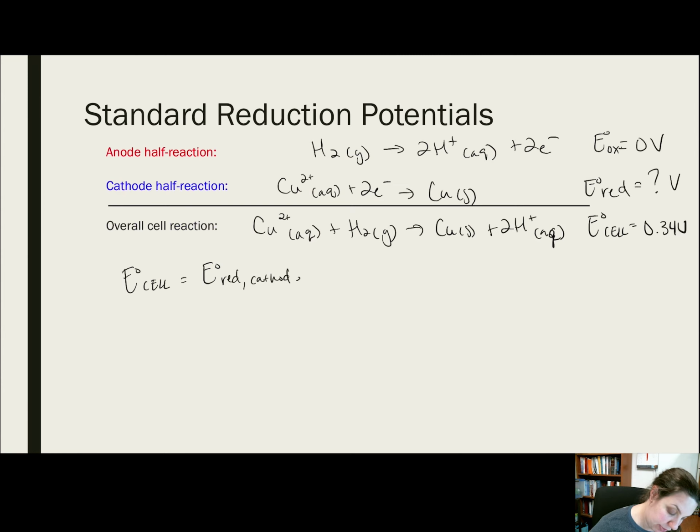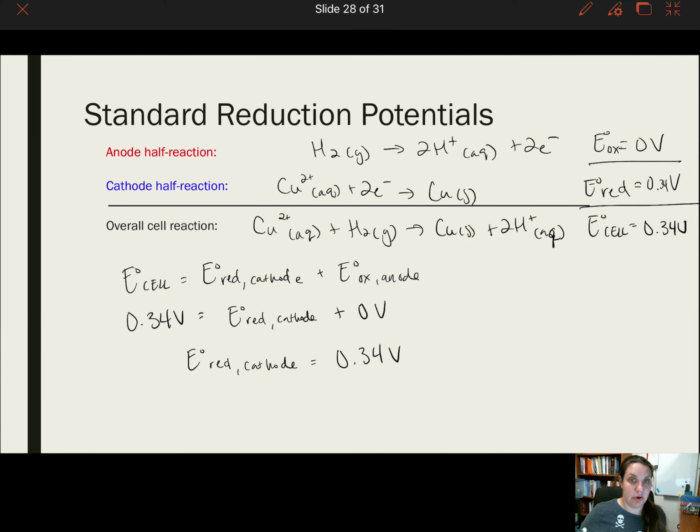So we have 0.34 volts is equal to our cathode, which is what we're trying to solve for, plus 0 volts, the oxidation. So our reduction potential of our cathode is equal to 0.34 volts. So this right here is 0.34 volts.